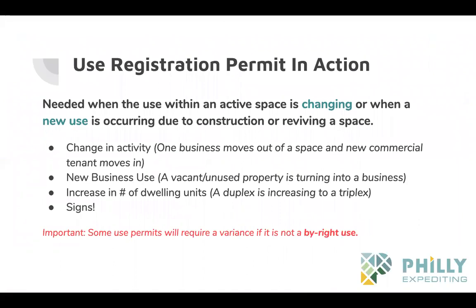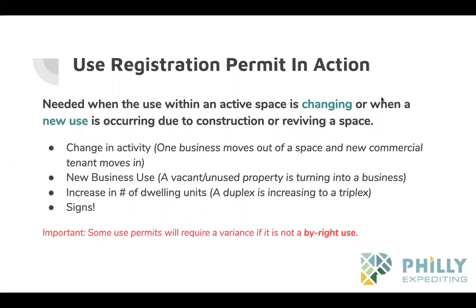So use registration, permit, and action. We're gonna go through each. It's needed when the use within an active space is changing or when a new use is occurring. So a change of use or new use, a change in activity. We do these with our businesses, our tenant fit out. Sometimes if a retail store is changing into a restaurant, that's a use change.